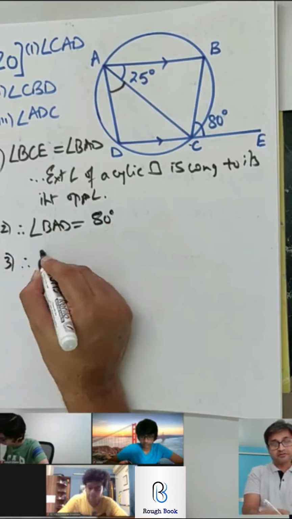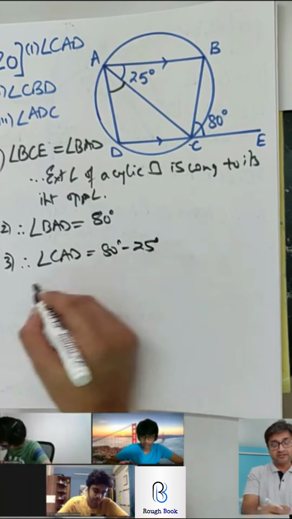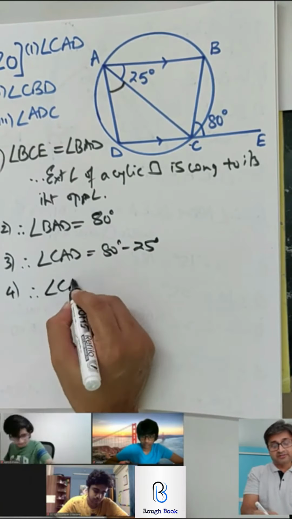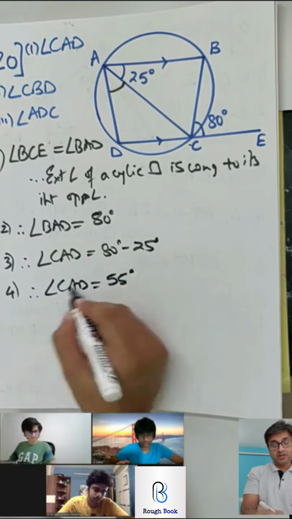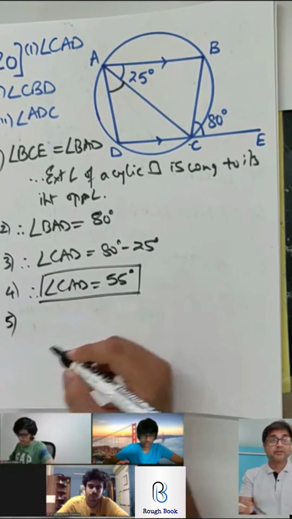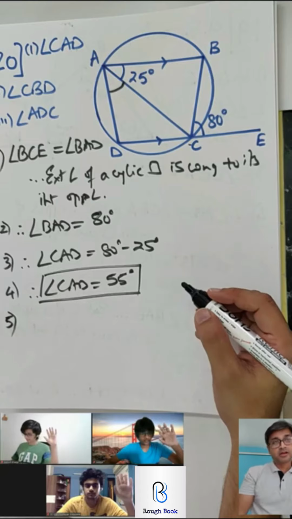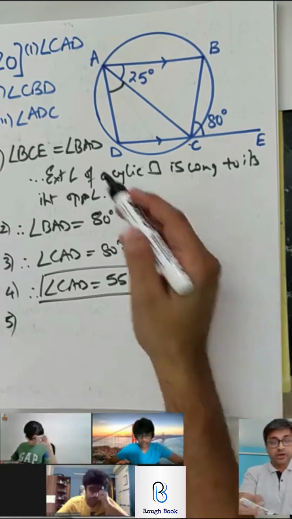And now I will say therefore angle CAD is equal to 80 minus 25. So how much did you get? 55, is it? So we get the angle as 55 degrees, right? How many of you all got 55? Can I have your hands going up? Okay, that's good.